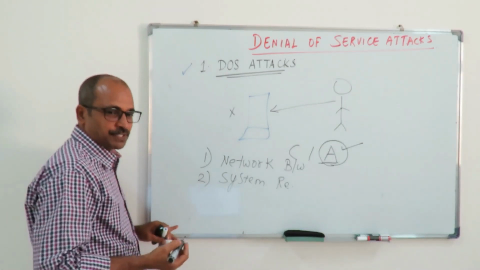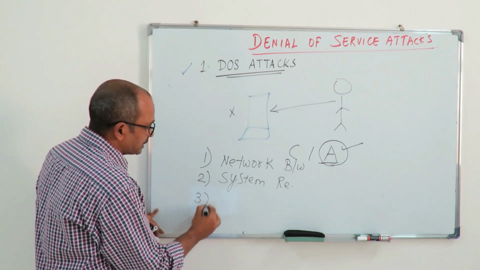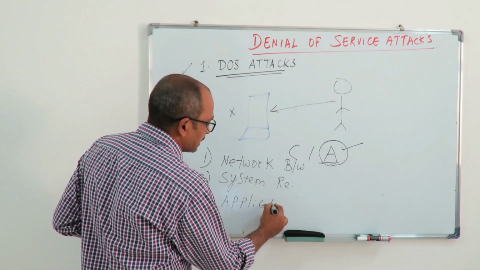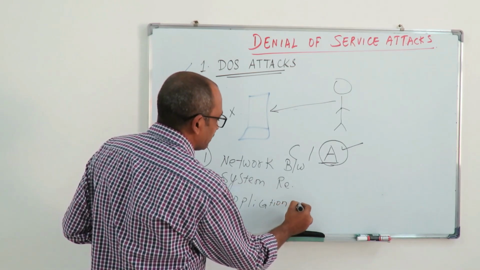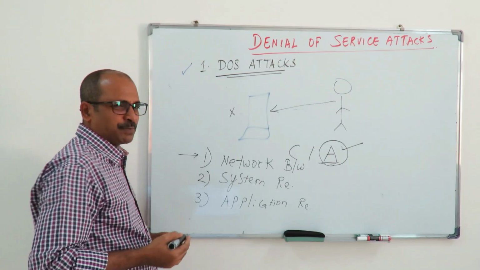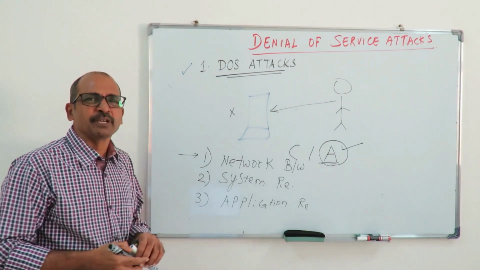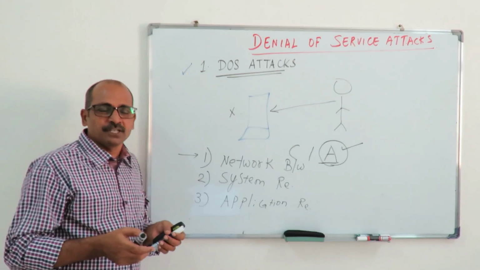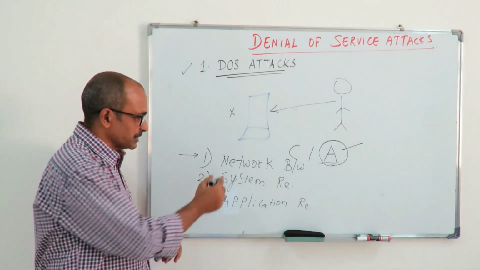The third one is the applications, all of which will be severely affected because of the denial of service attack. Now, if you take network bandwidth, what does it mean? It means your network will be flooded with a lot of unnecessary packets, and because of that your network will become slow.